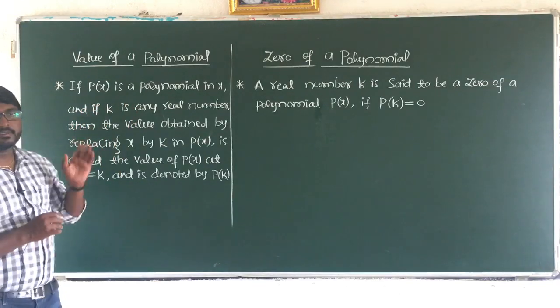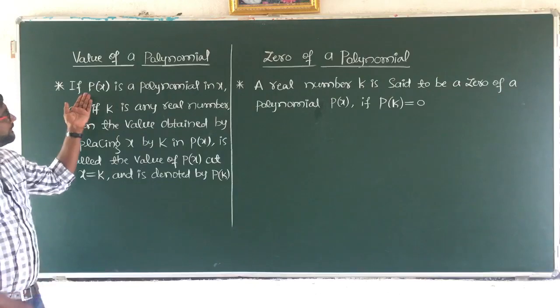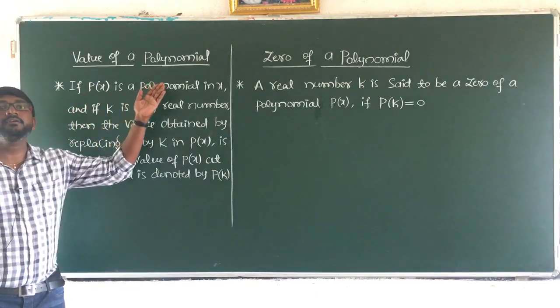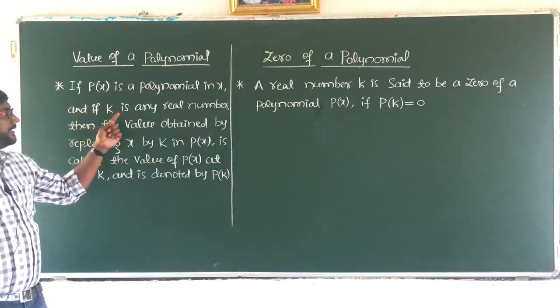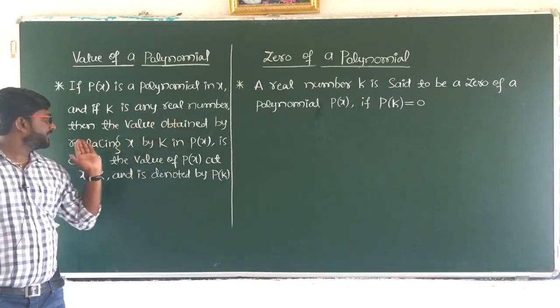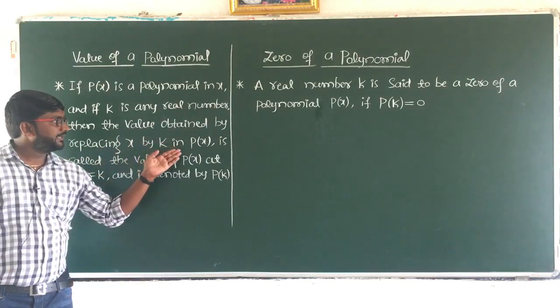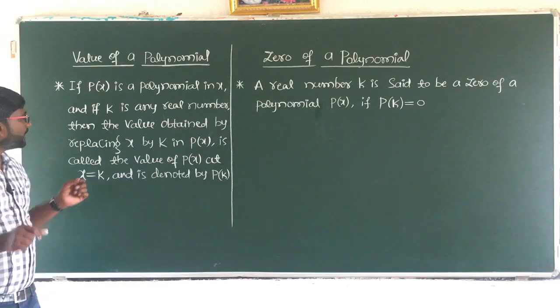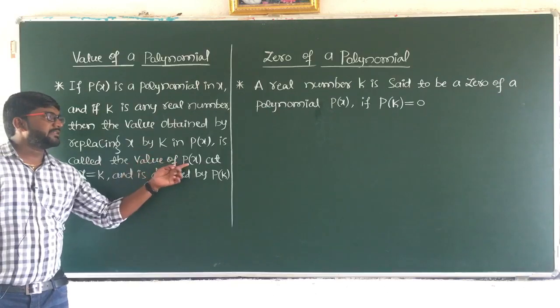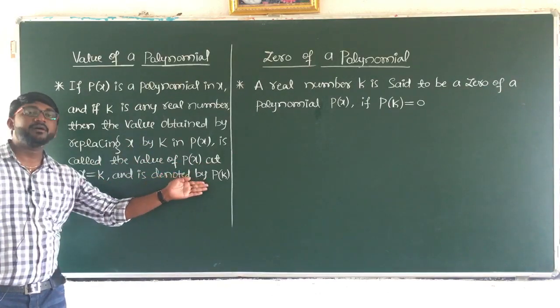The definition is: if p of x is a polynomial in x and if k is any real number, then the value obtained by replacing x by k in p of x is called the value of p of x at x equals k, and is denoted by p of k.